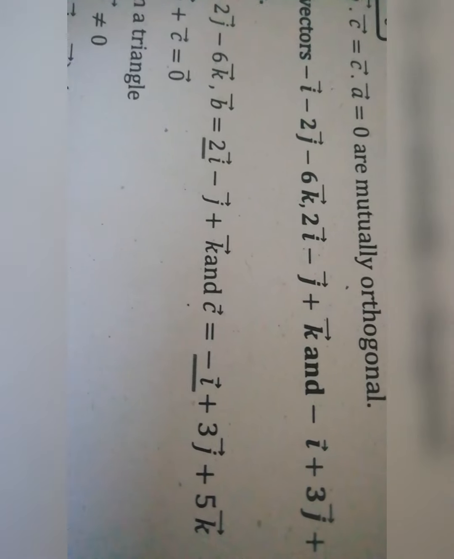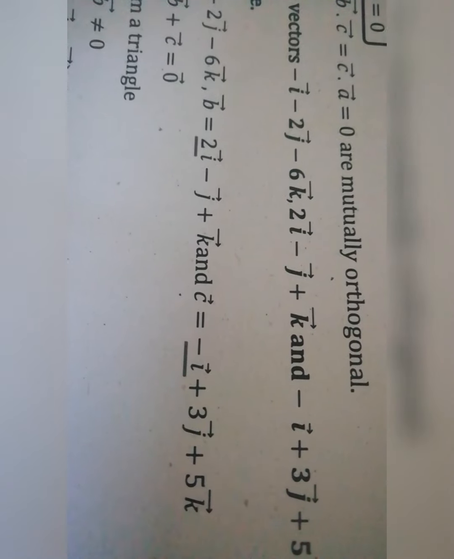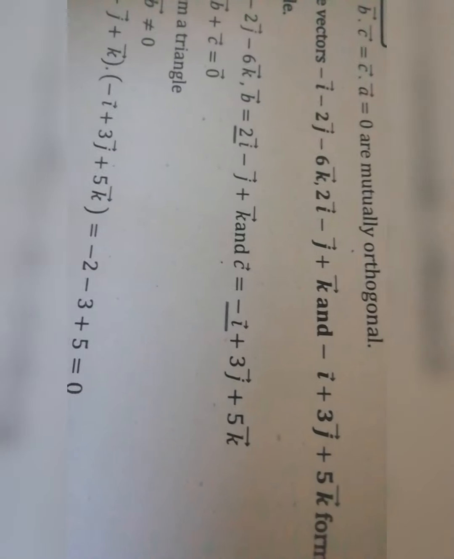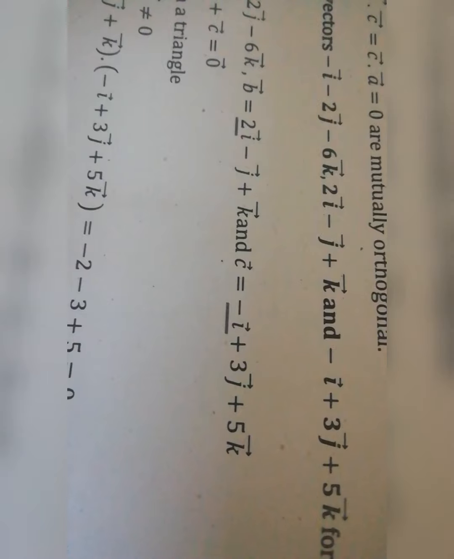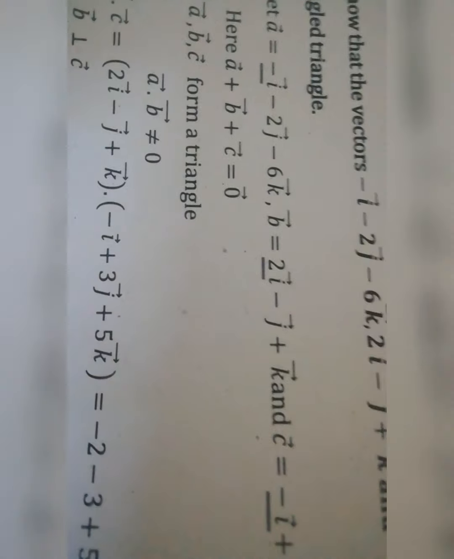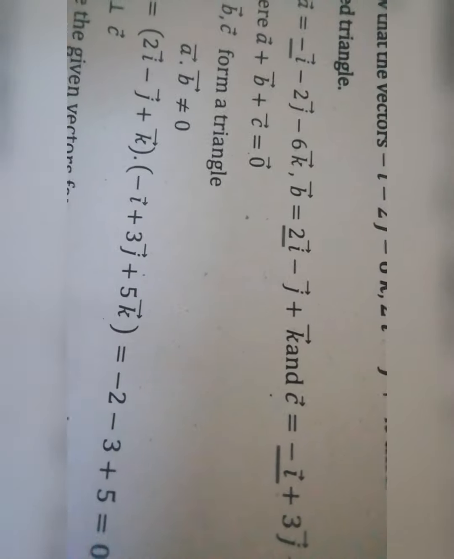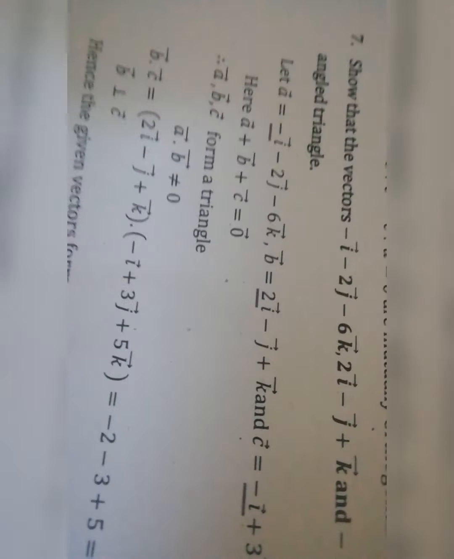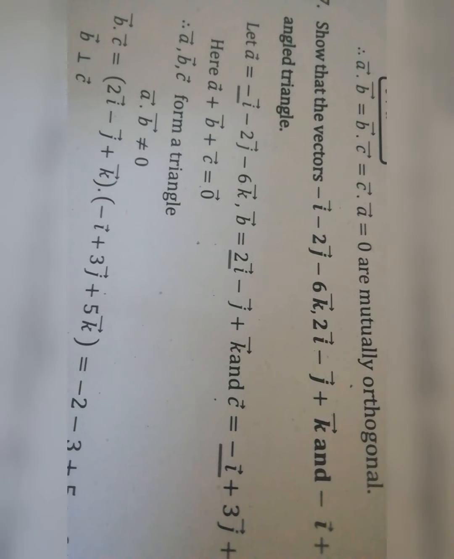Since the triangle has 3 sides, they form a right angle triangle. So given 3 sides as vectors, you can take the 3 side vectors. The first vector is small a vector. So what is the a vector?